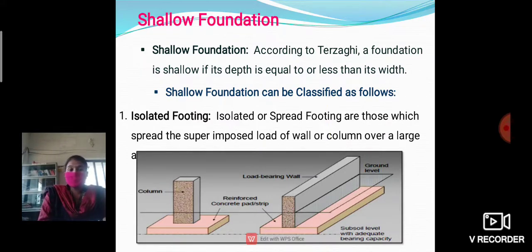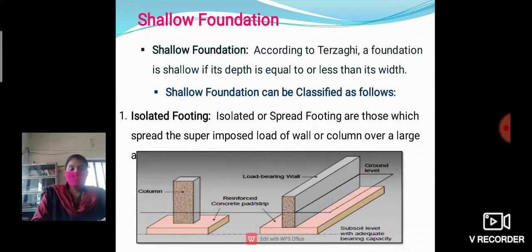In that, Terzaghi says that a foundation is shallow if its depth is equal to or less than its width. If the depth of our foundation is less than the width, it is called a shallow foundation. Then a deep foundation means the depth is greater than the width.